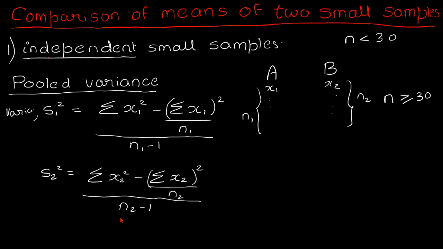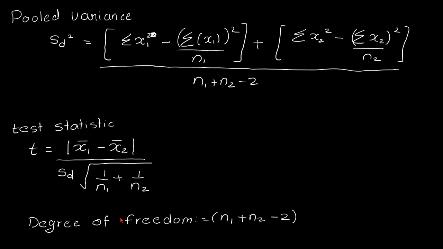These things you will have to remember. The pooled variance is given by this formula, and we'll be making use of this formula only. It is the numerator part of s1 square plus the numerator part of s2 square, divided by n1 plus n2 minus 2.